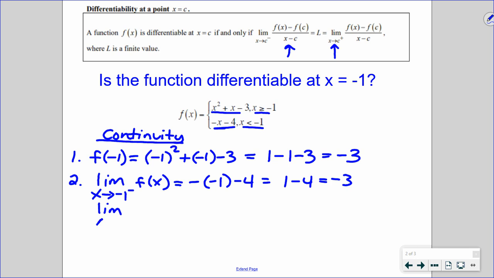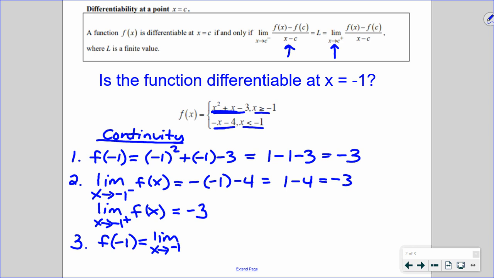Let's check the limit as x approaches -1 from the right. Well, again, from the right, that means x is greater than -1. I'm going to plug into the x squared plus x minus 3, but we've already done that, so we already know what that equals. Okay, so number 3, we can say f of -1 equals the limit as x approaches -1.